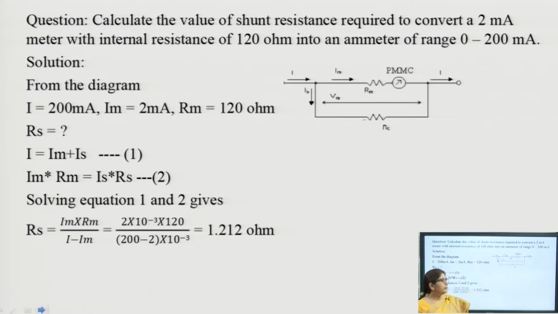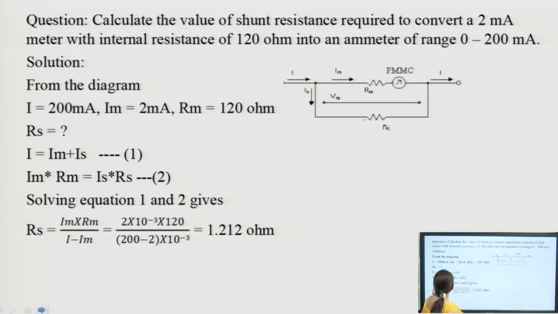As we know from the previous slide, the value of Rs is Im into Rm by I minus Im. Here I is equal to 200 milliampere and Im is equal to 2 milliampere. So, only 2 milliampere current can flow through the PMMC instrument. The remaining current, that is 200 minus 2, which is 198 milliampere, will flow through this resistance. So, we can find the value of this resistance.